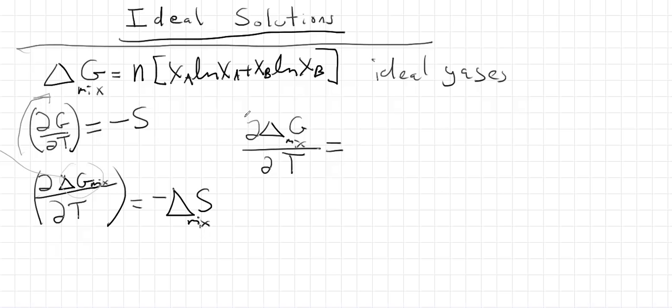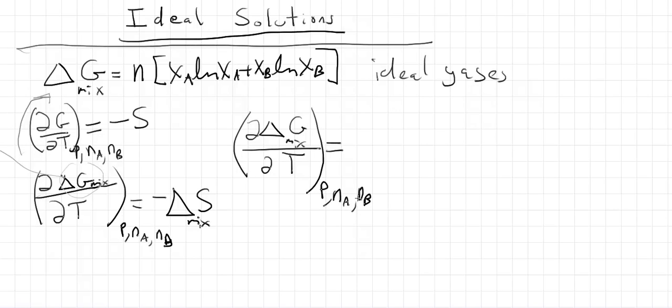We should say all these are at constant pressure. And because we could also change the moles of A and B, let's say that those are being held constant too. All we're changing is the temperature. Since we can change moles of A and B, we actually have to include those as things that we're not changing.